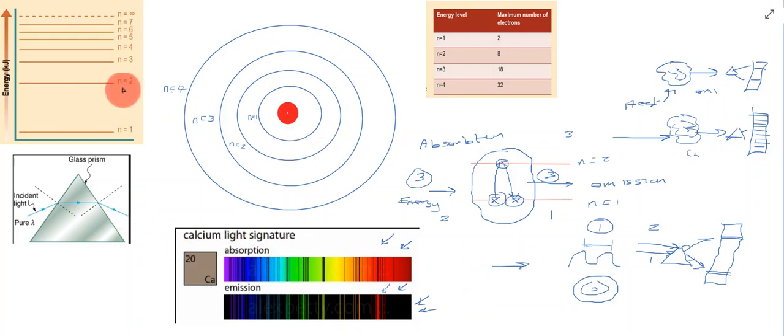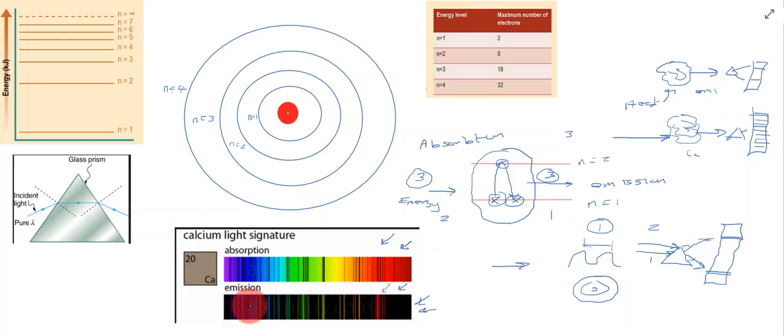Now, what we want to talk about is, Niels Bohr did a lot of his work in relation to explaining how simple atoms like hydrogen that have just one electron work. But if we take something like calcium, calcium is quite complicated. It has 20 electrons, and you can see here, this is the emission spectra of calcium. It's quite complicated as well.